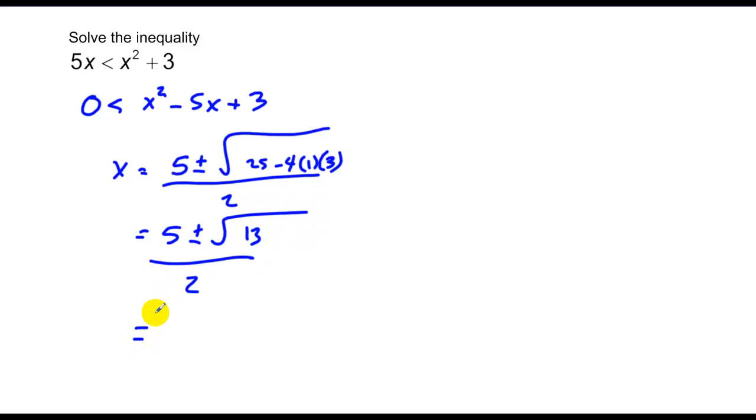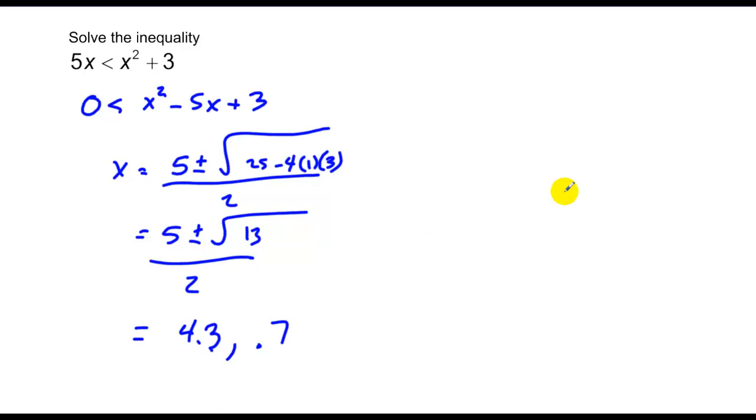And this is going to get me a couple of decimal answers. I'm going to have to do this on my calculator. And for the positive part where I add, I get 4.3. Then for the negative, I'm going to get really about 0.7. So now what I'm going to do is use these as my critical numbers.